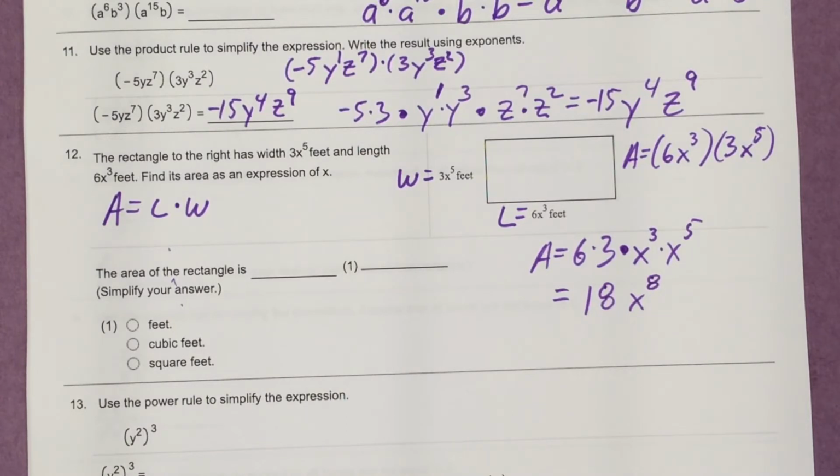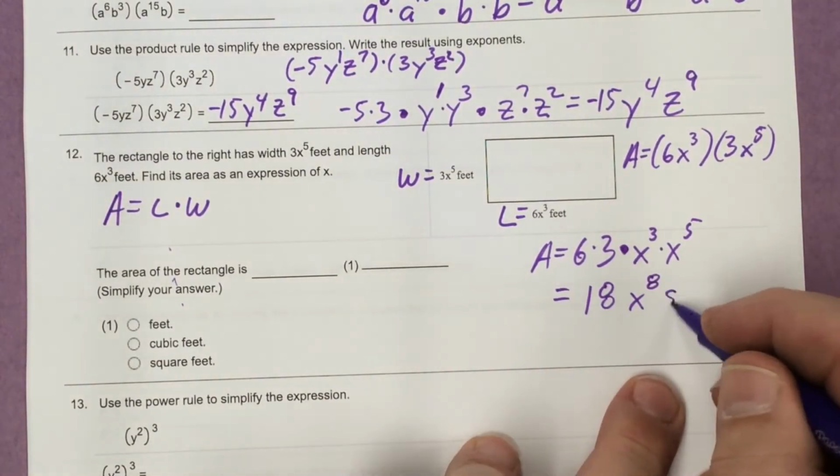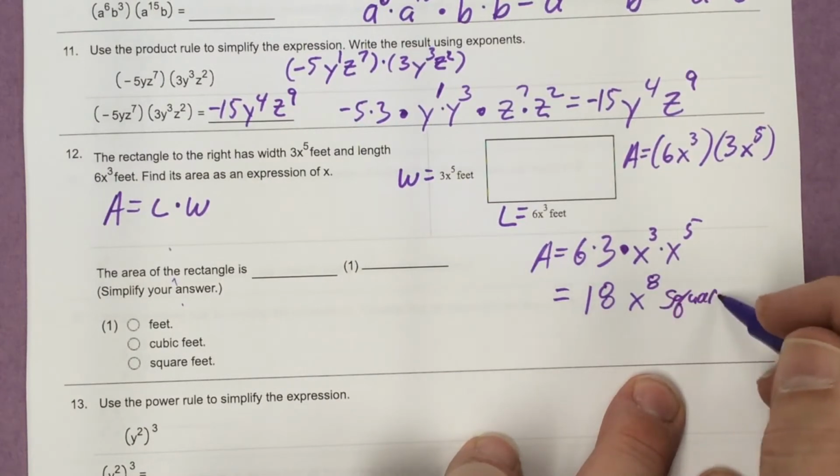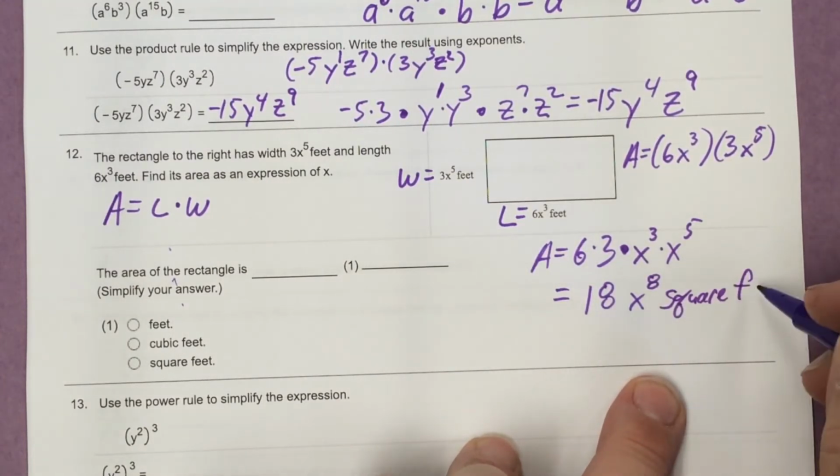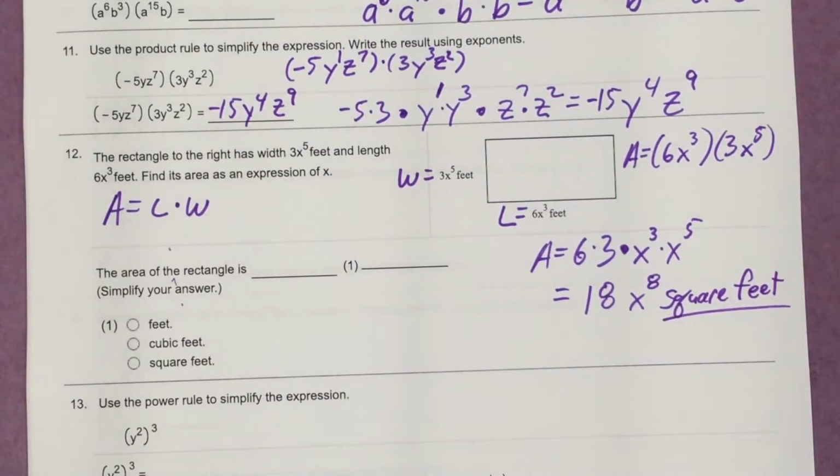And it wants the dimensions of this. If you're going to find the area of something, we always write the area as being in square feet, or square something, whatever that unit happens to be. But since we're looking in terms of feet for each measurement of the sides, then the area is going to be in terms of square feet.